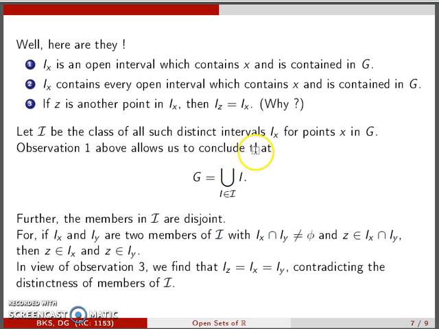Observation 1 allows us to conclude that G, which is defined as the union of all these Ix, is in fact equal to this union. Further, the members of I are disjoint because if Ix and Iy are two members that are not disjoint, say z belongs to both Ix and Iy, then from the third observation, they have to be equal, contradicting the distinctness of members of I.